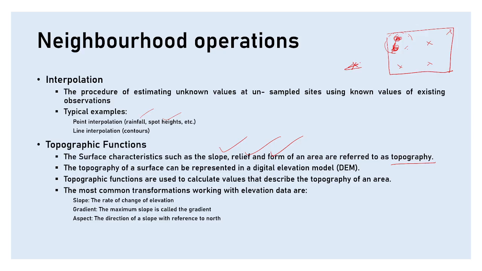So topographic functions are used to calculate values that describe the topography of an area. As simple as that, what the name suggests. It helps you to understand the topography of an area. The most common transformations working with elevation data are slope, where you see the rate of change of elevation, how the elevation is changing.